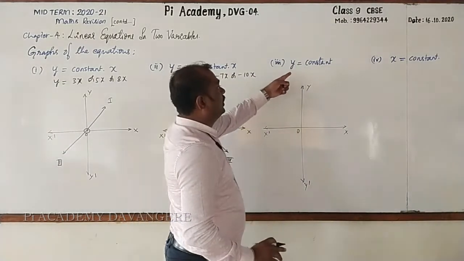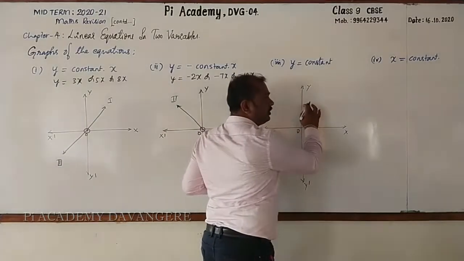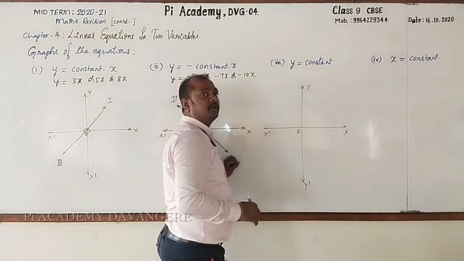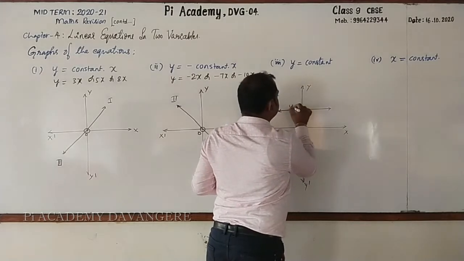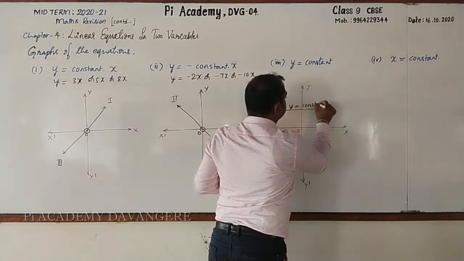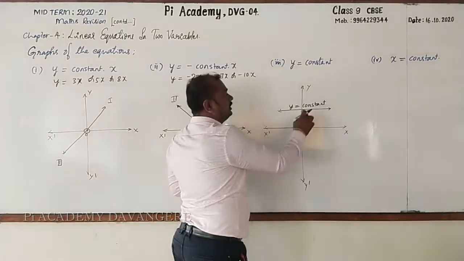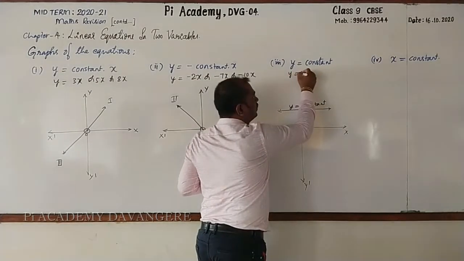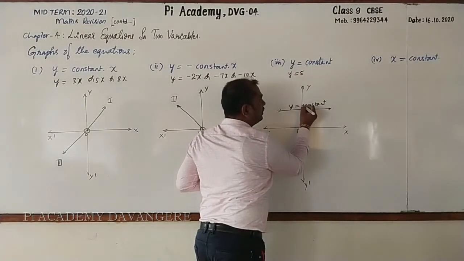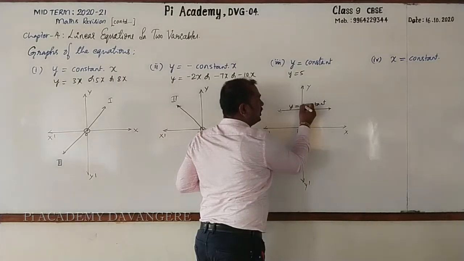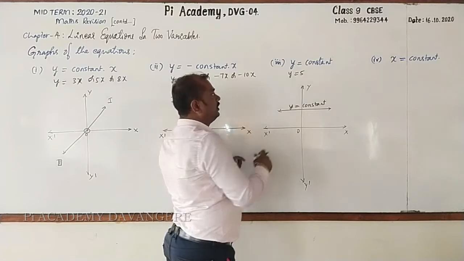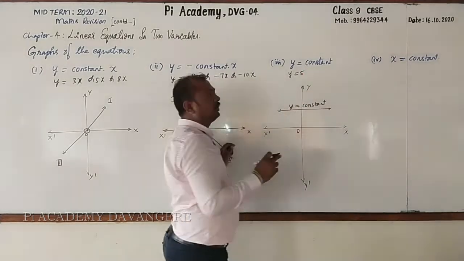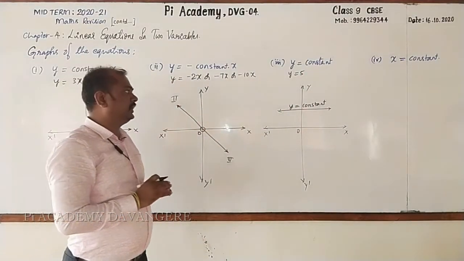Instead, y equal to constant is always parallel to the x-axis. See, this is y equal to constant, and if the constant is 5, y equal to 5, then look here, we have to mark the point 5 on the y-axis, and there we have to draw a parallel line. Got it? If y equal to constant, it is parallel to the x-axis.